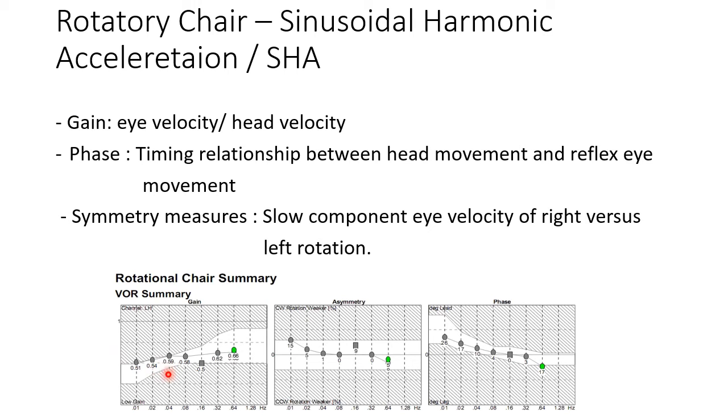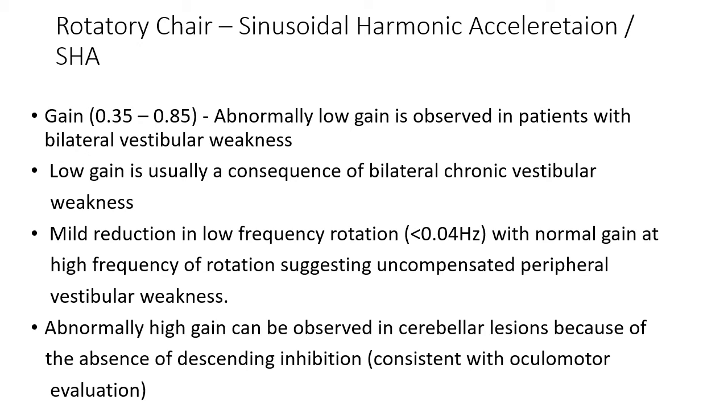As we can see here, the response for each frequency is within the white area for the gain, asymmetry, and also the phase here. So it means that the result is normal for this patient. Okay, so now we look at how we interpret the results.